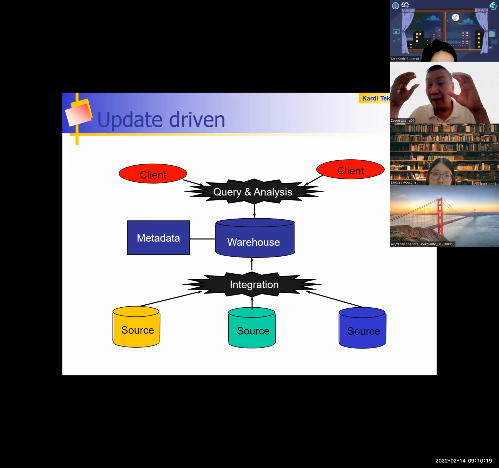Those values will be stored in the metadata, like a lookup table. Metadata tells what the data is about the data. Is this numeric? Is this a string? Or is this a date? If it is a lookup table, what is the value of that lookup table? That's the meaning of metadata.